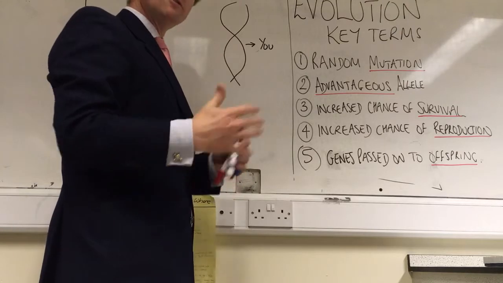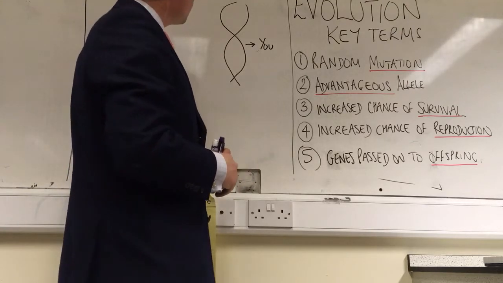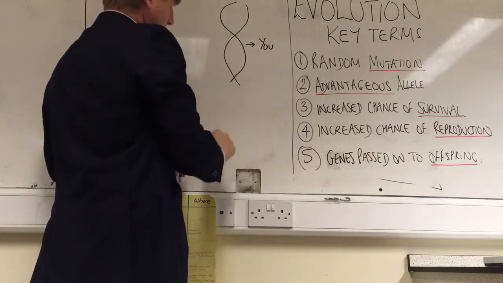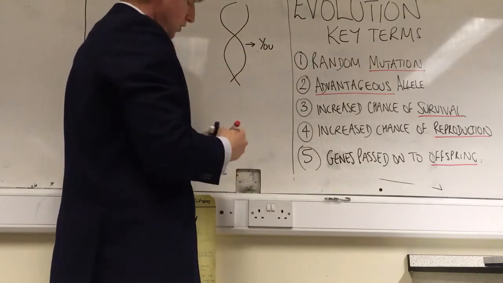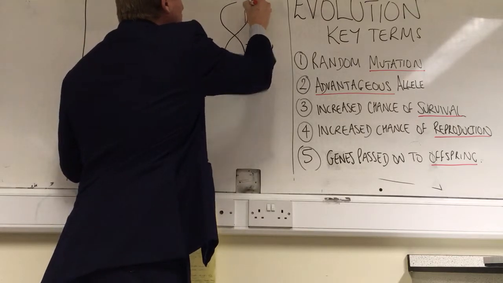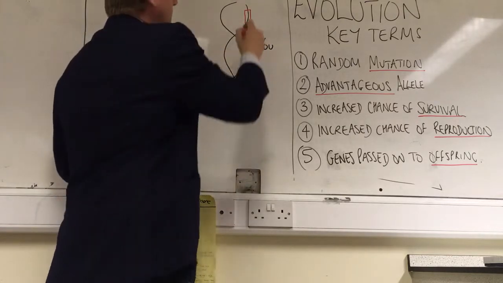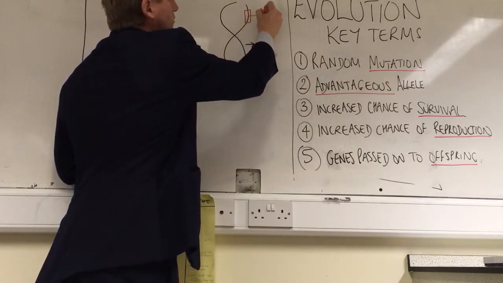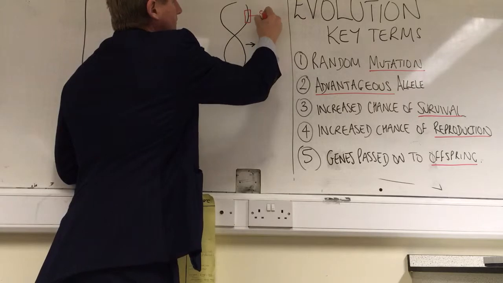A tiger will have a different number of chromosomes. And a chromosome is a strand of DNA. On the chromosome will be specific sections which code for a characteristic. So on this strand of DNA, this particular section here might code for eye colour.